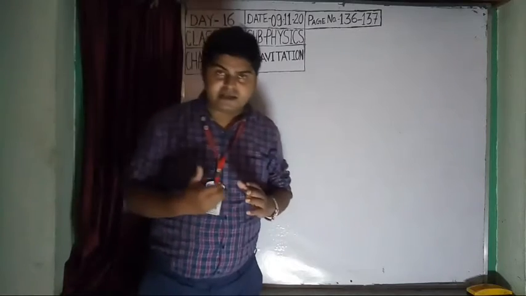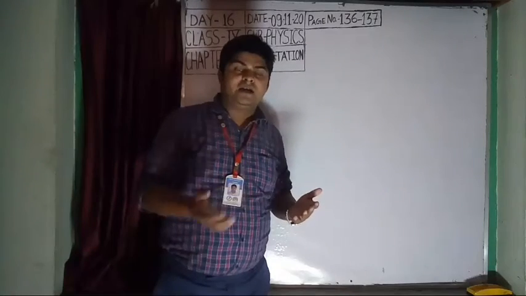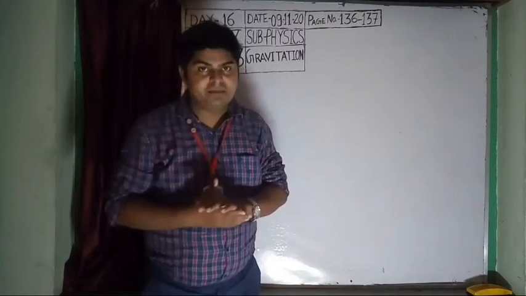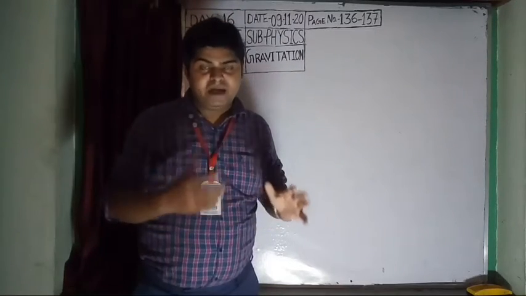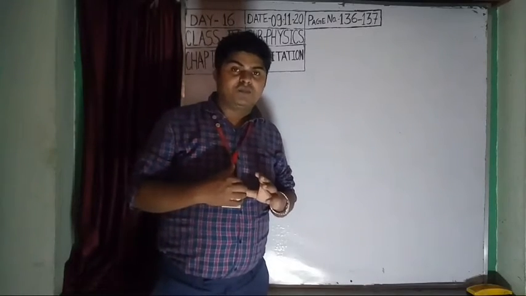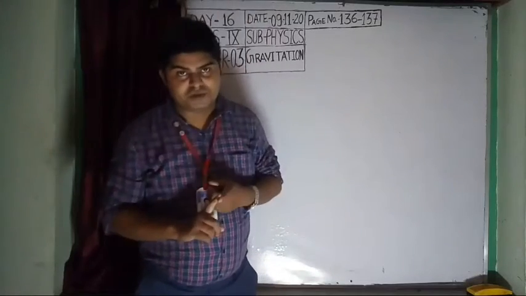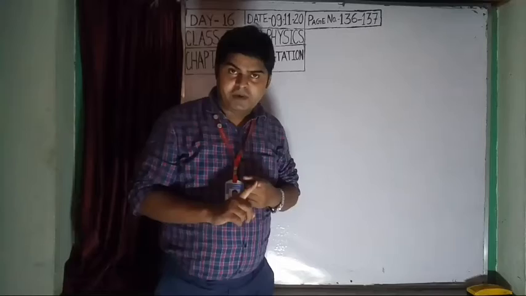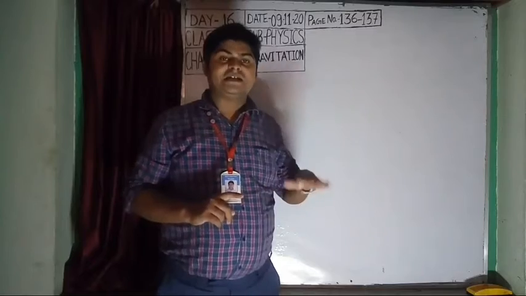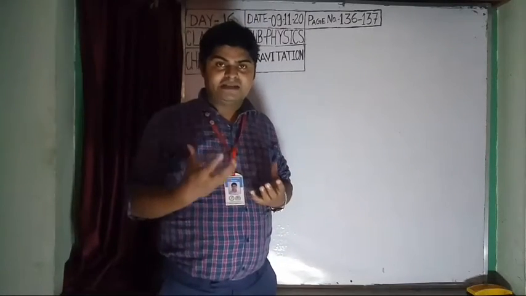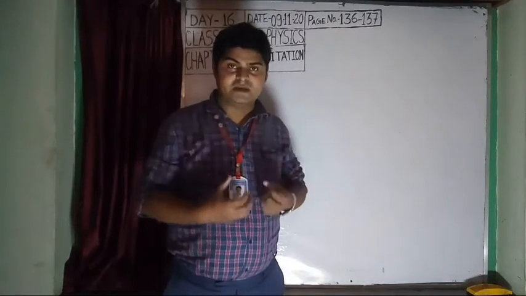In gravitational force, the force exerted by one body on the other body is also the same due to Newton's third law of motion. The magnitude of force is equal, but only one object will visibly move, and it depends upon the acceleration produced in that object and upon its mass. If one object's mass is greater than the other's, the object with greater mass attracts the other object, which is visible to us.